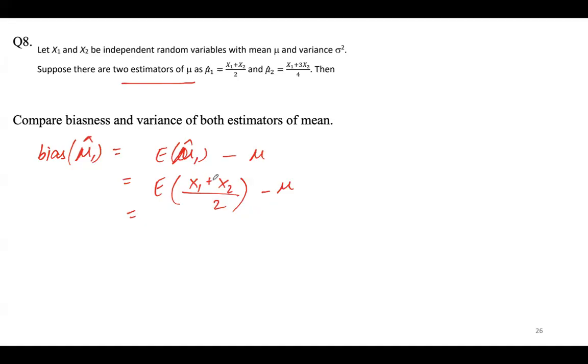So this (X1 plus X2) by 2 is actually going to be mu, minus mu. So that's 0. So there's no bias here. Instead, when you want to calculate the bias of mu2 hat, again, the formula is the same. So this one would also have mu plus 3 mu, that's 4 mu, 4 mu divided by 4 is mu. Mu minus mu, that's also 0. So we've compared the bias and both the estimators are unbiased.